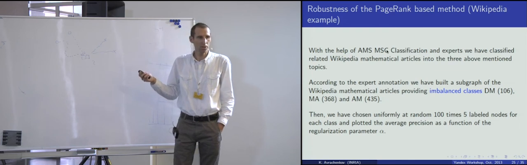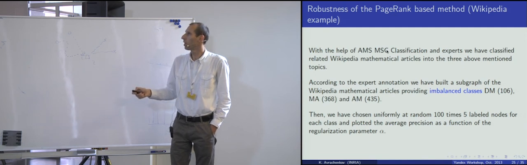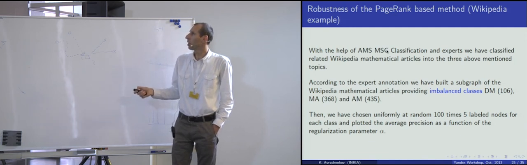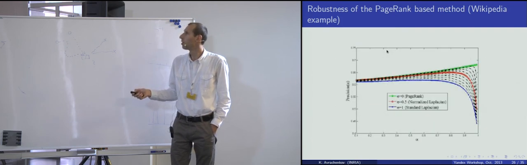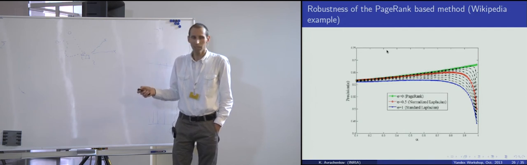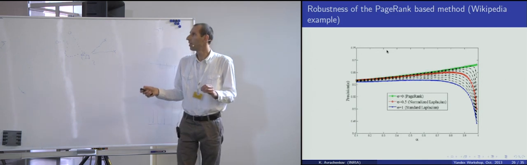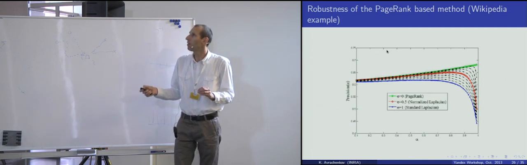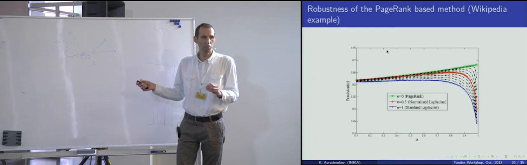The classes are actually imbalanced, so you can see the distribution of nodes by class. We chose just 5 labeled points for each class. You can see that if we choose labeled points randomly from each class, the PageRank method is indeed the most stable among all the semi-supervised learning methods.